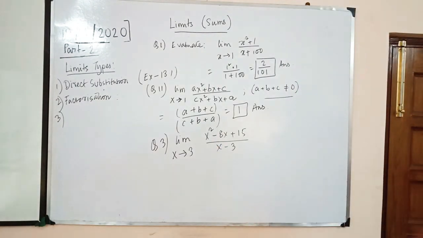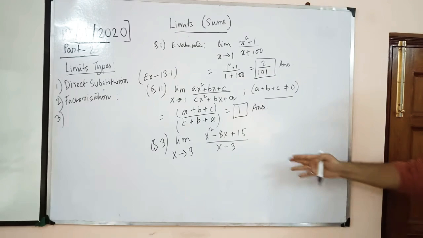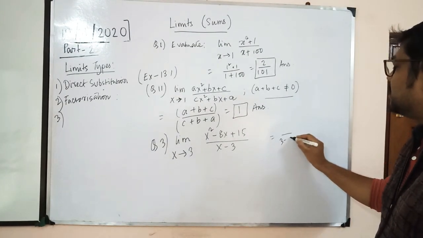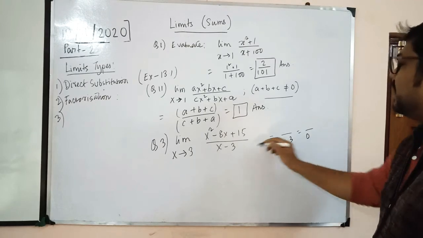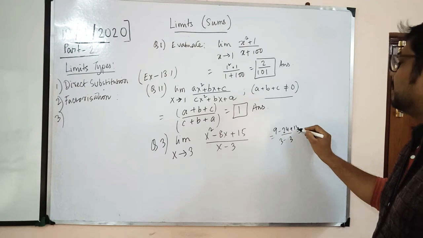So we face a problem over here because if you use the direct substitution method and try to put 3 over here, you will get 0 by 0. Look at it, the denominator becomes 0, 3 minus 3. And the numerator also becomes 9 minus 24 plus 15, which is also 0.